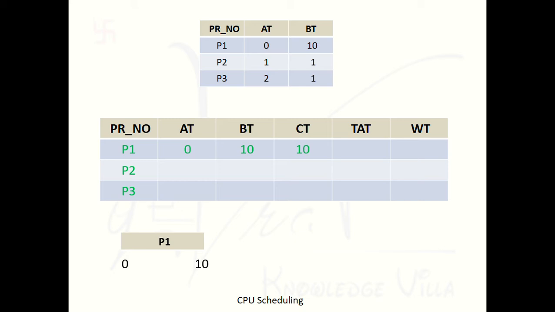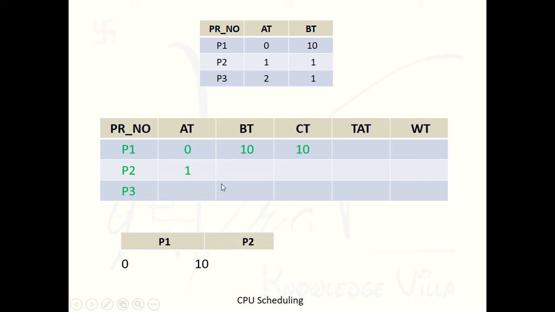Now that P2 and P3 have both arrived, we compare the burst times, but we get the same burst time, so we can start either one. Logically, P2 arrived first, so people generally follow the sequence and we will start P2 first. If you want to start P3 first, you can do that also.